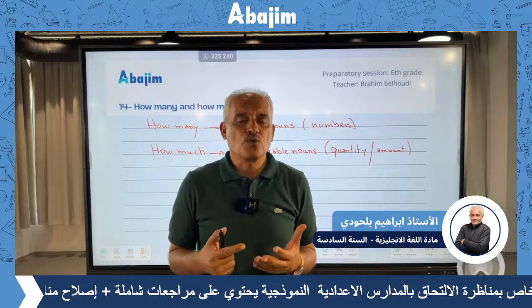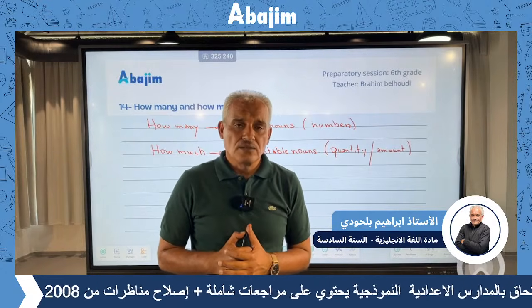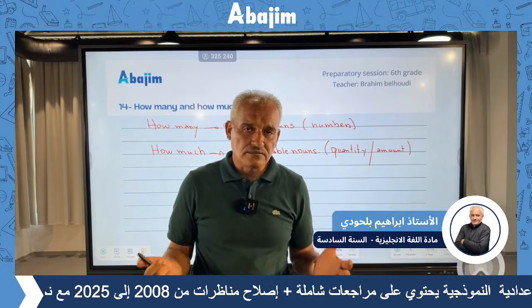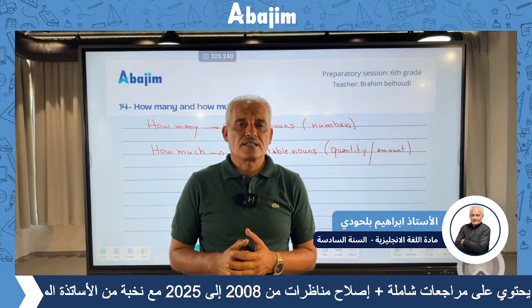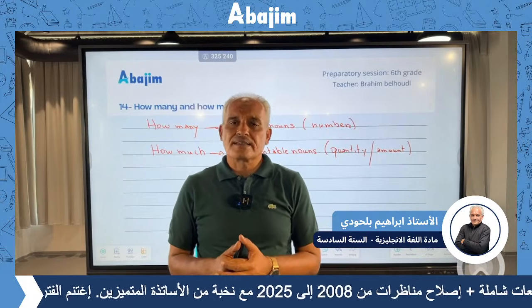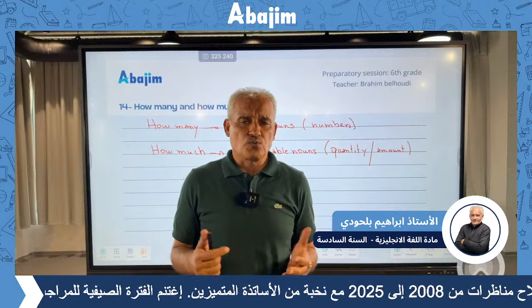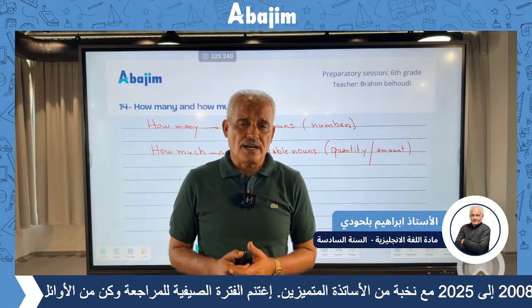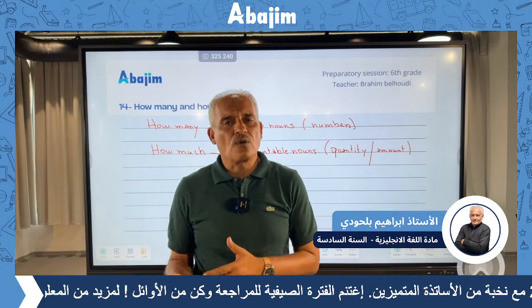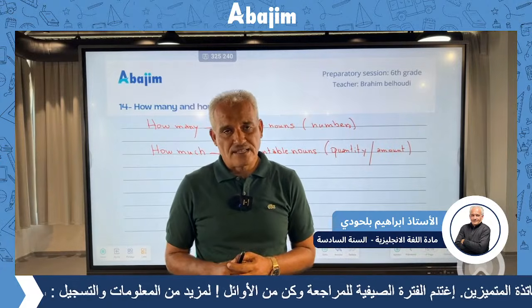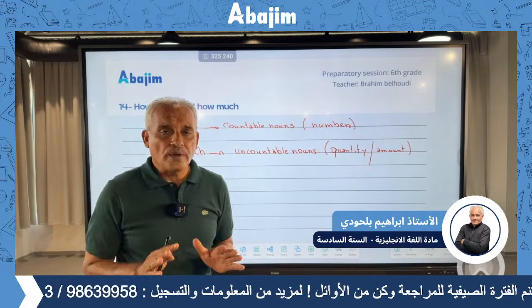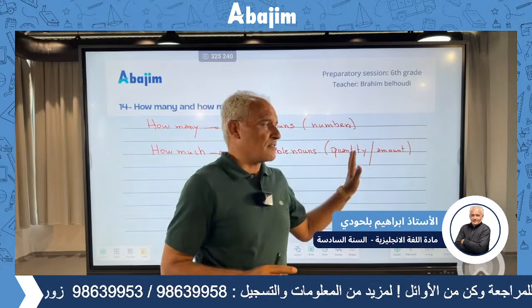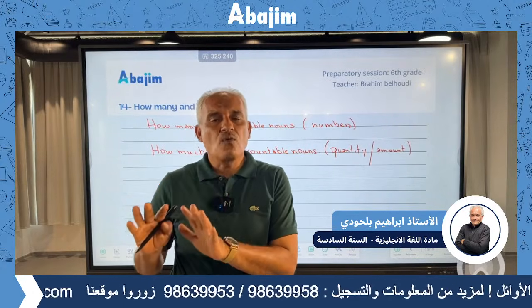You say, I'd like 1 liter of oil. You say, give me some sugar, please. He says, how much sugar would you like to buy? You say, I want 1.5 kilos. So we always ask about quantities and amounts with how much.